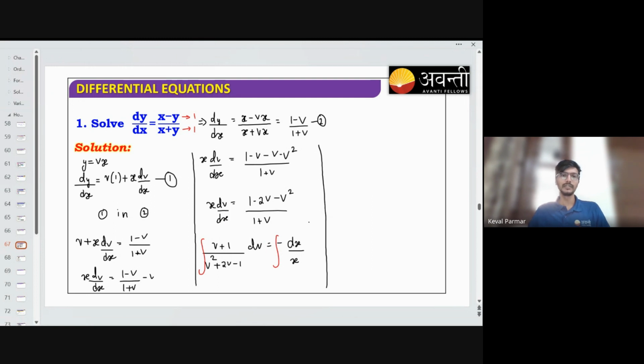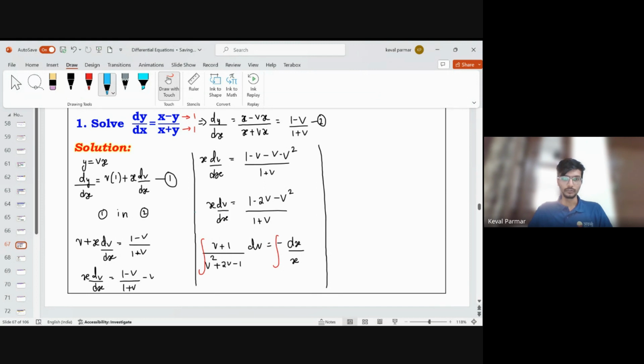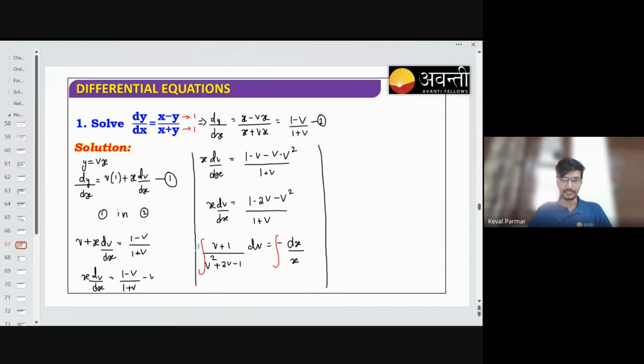What should we do on the left hand side? We'll multiply and divide with 2. So on the left hand side, I'll multiply and divide with 2.